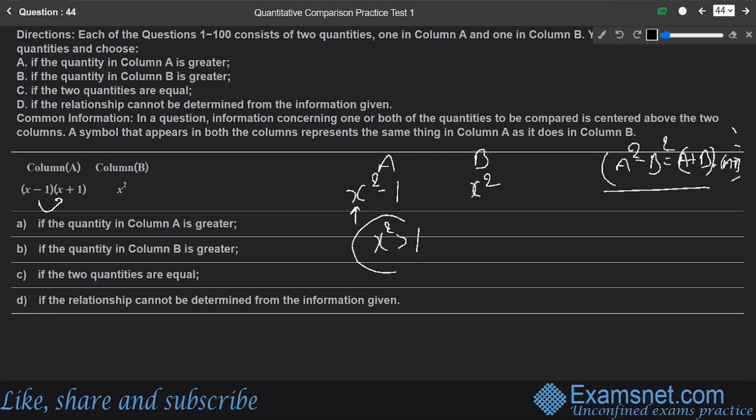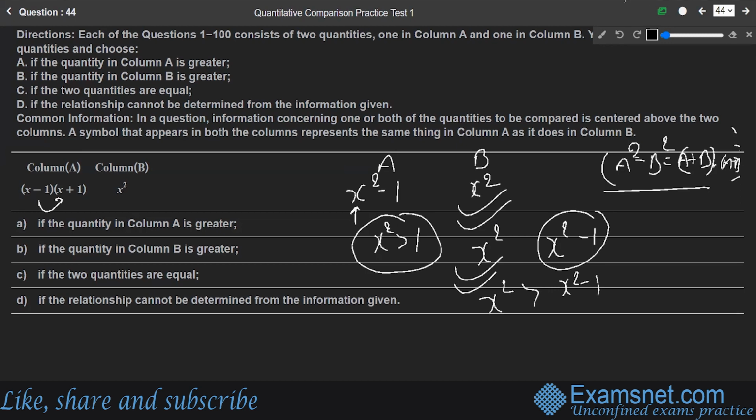If you subtract 1 from a number and compare it with the same number, obviously the number will be greater. x square will always be greater than x square minus 1, because in x square minus 1, 1 is getting subtracted. So clearly the value of x square, which is in column B, is greater. So we can say that the quantity of column B is greater than the quantity of column A.